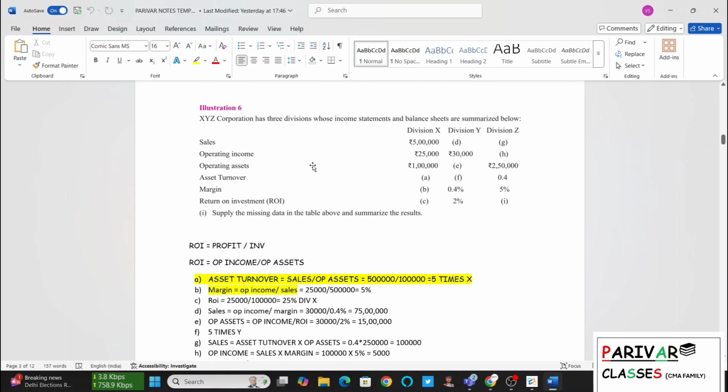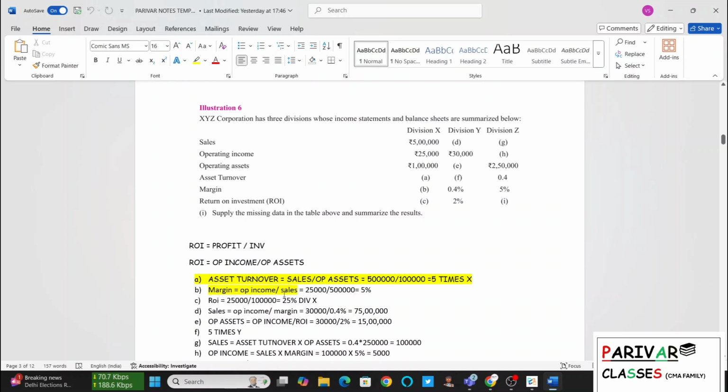Now D point. This belongs to division Y. He is asking for sales. Using two formulas, we can find sales: using the asset turnover ratio, or using the margin formula. But to use the asset turnover ratio, we need its value. In this question, F point, the asset turnover ratio, is missing. So by default, we have to use the margin formula only.